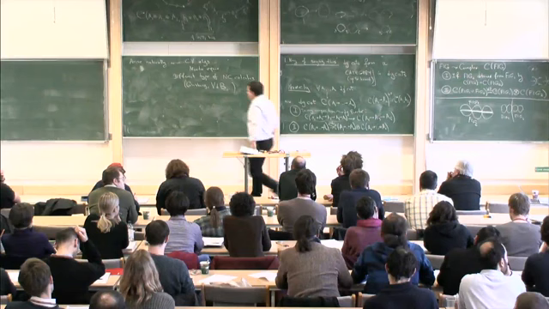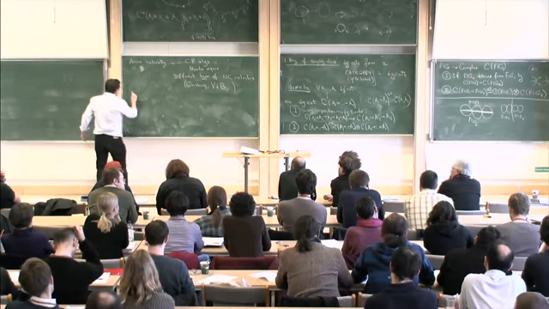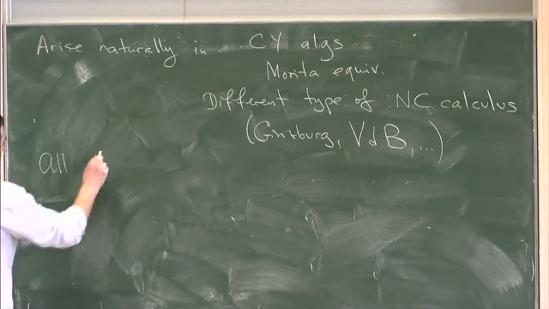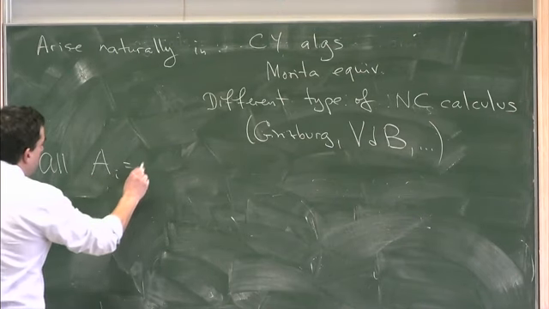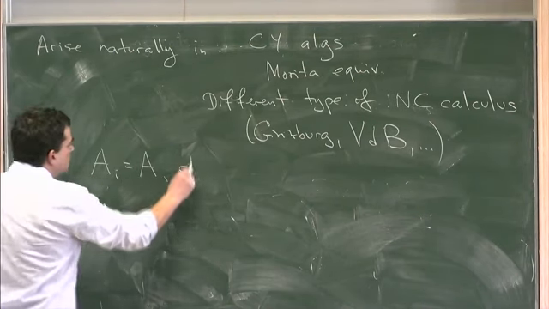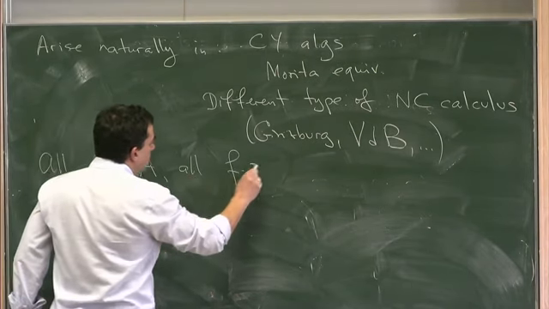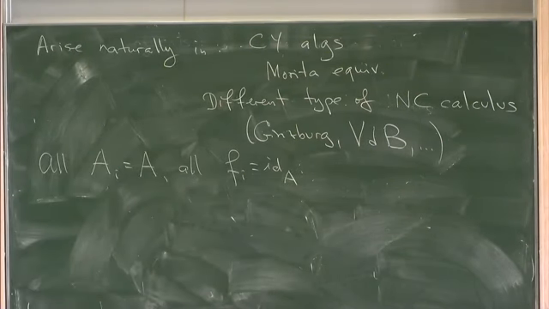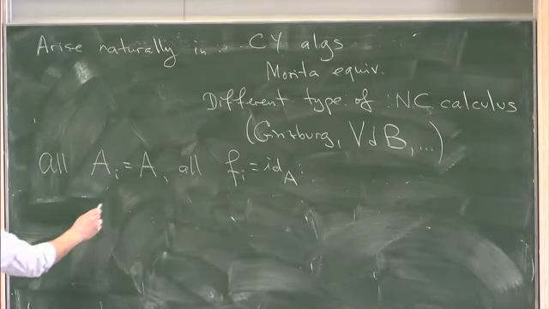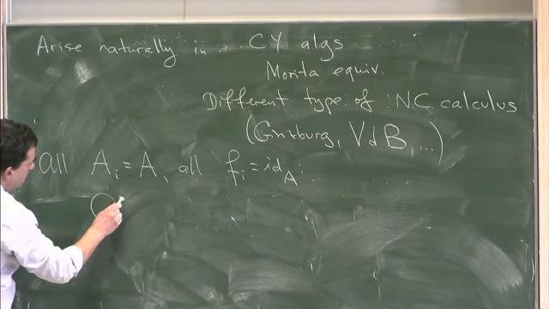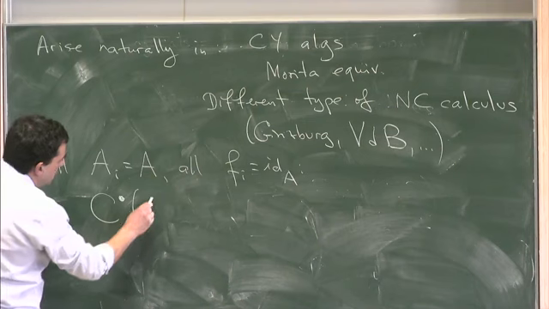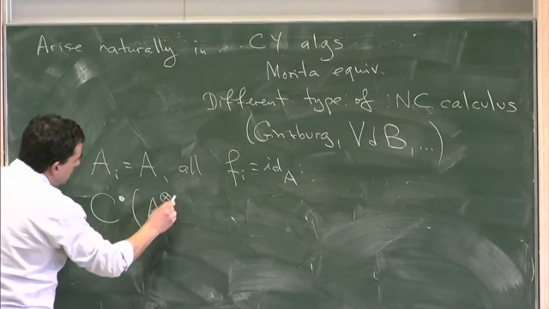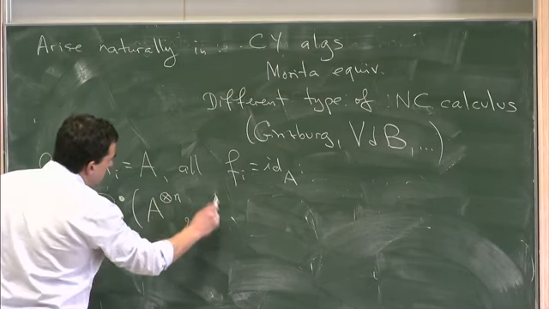So maybe I should also say that in the case when all Ai are the same and all Fi are just identities, what you get there is the Hochschild complex of A tensor n with coefficients in A tensor n.